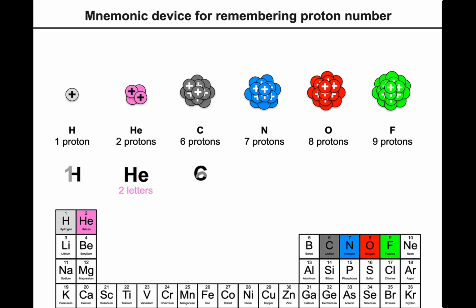For the carbon, we have a C that also looks like a 6, so we can remember that carbons have 6 protons. What about for the nitrogen? Well, if you turn the N on its side, you see the 7. Nitrogens have 7 protons. Oxygen's symbol is O, so if we put 2 O's on one another, we have an 8. And what about fluorine? Well, if we flip the F around, it looks kind of like a 9. So here are some mnemonic devices. If these help you out, great. If you don't need it, it's fine also.